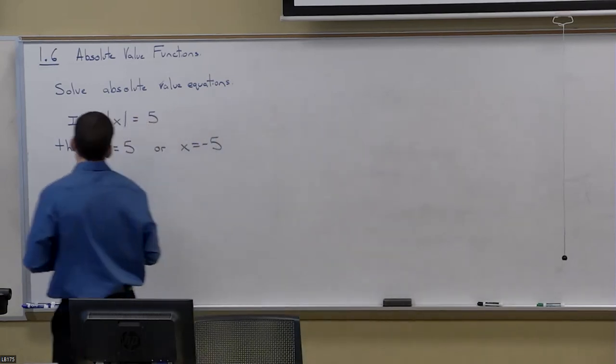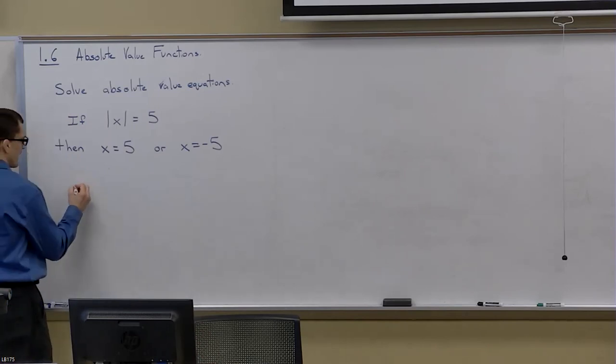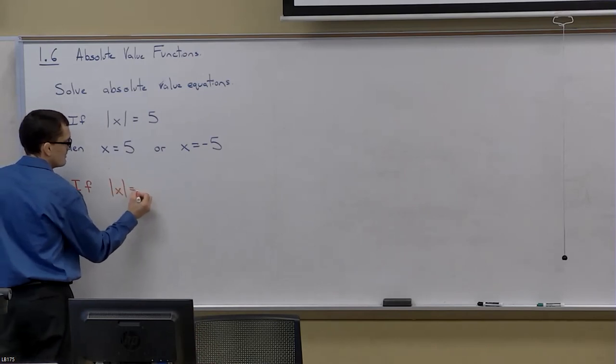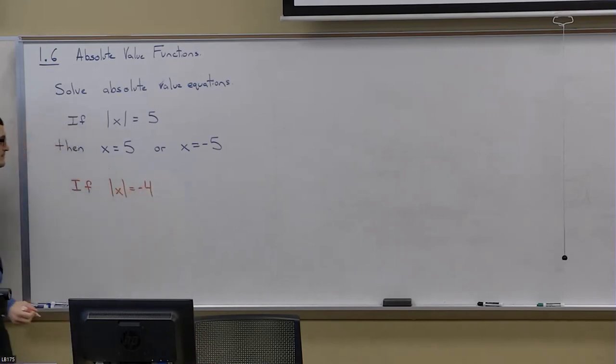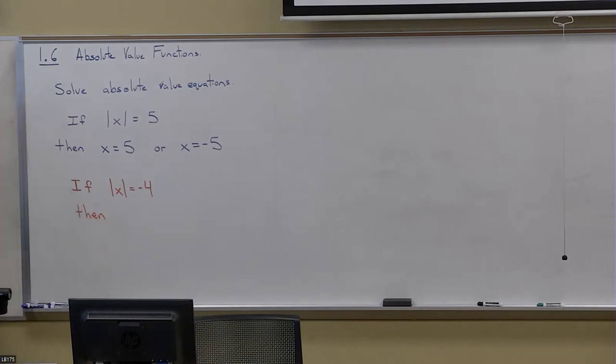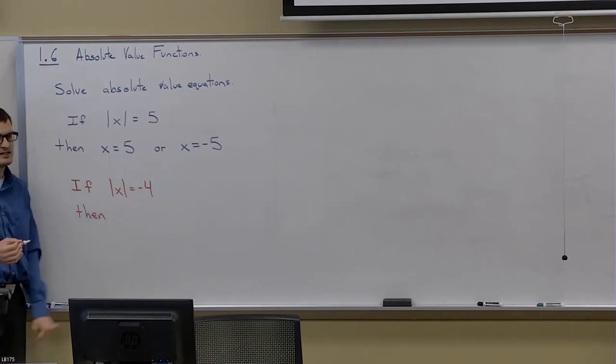Now, here's another thing we have to know about absolute value. If, for instance, the absolute value of x is equal to -4, or any negative number, then there's no way you can plug in any value, any real number into here, or any complex number. Can't plug in any real or complex number and get out a -4.